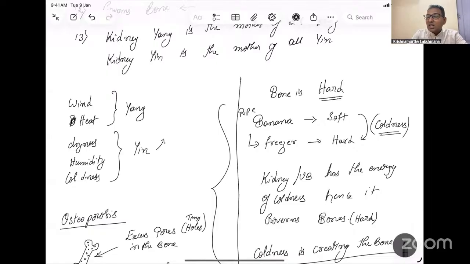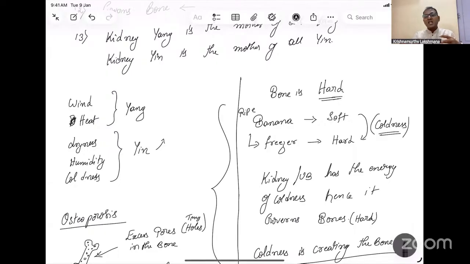You cannot increase coldness directly. You can decrease coldness directly, but you cannot increase coldness directly. You will have to increase the yin. Making sense?